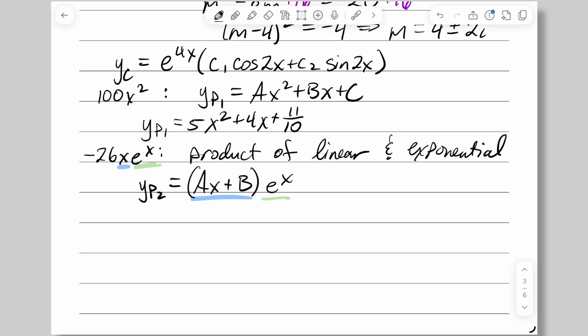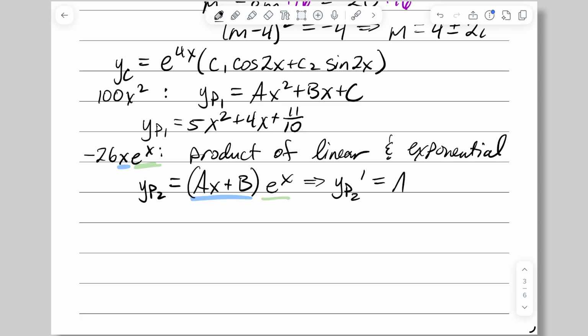Now, the bummer of this is, to find the derivative, we have to use the product rule. So yp2 prime is going to be, I'm going to do this two ways. We're going to use the product rule here, and I'll just reference ax plus b as the one underlined in blue, e to the x as the one underlined in green, so I'm going to reference it using the colors.